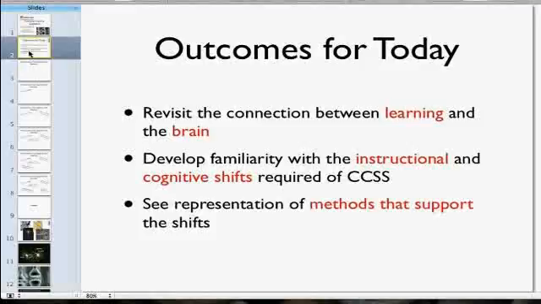The first is just a little revisit about connecting the learning in the brain and how it connects to the Common Core, and then a brief familiarity with the Common Core standards, some boilerplate issues about the Common Core, and then the majority of today will be looking at different methods that support these instructional and cognitive shifts that the Common Core will bring. So with that, we'll get started.